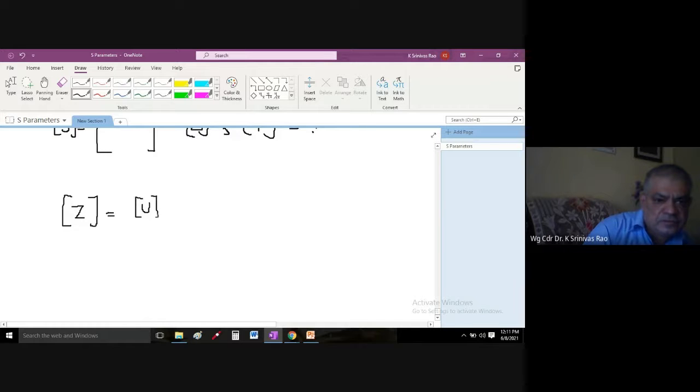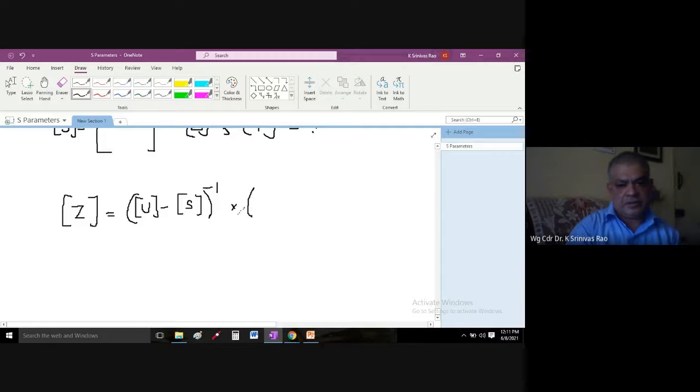That is U minus S matrix inside the bracket, inverse, multiplied by U plus S matrix, bracket close. Please note down these formulas, and later on don't be in panic. Just use this formula and you will get Z.